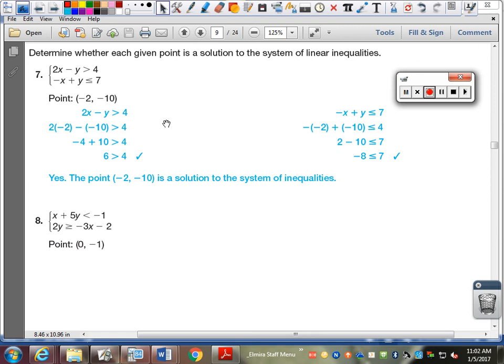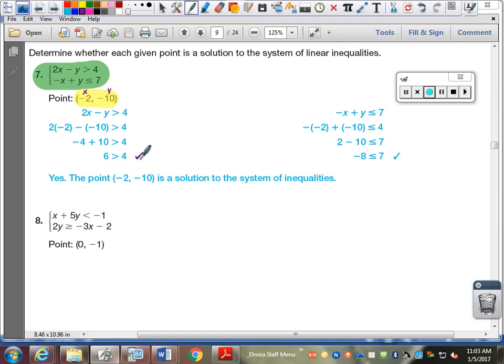In the next section, you get a system of inequalities, and then you're given a point. So you're going to sub in the x value and the y value to both inequalities, and simplify it down to, let's see, 6 is greater than 4.